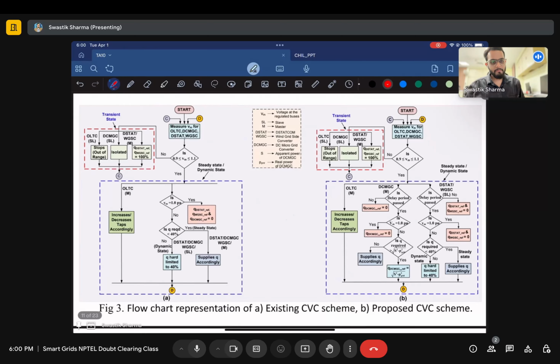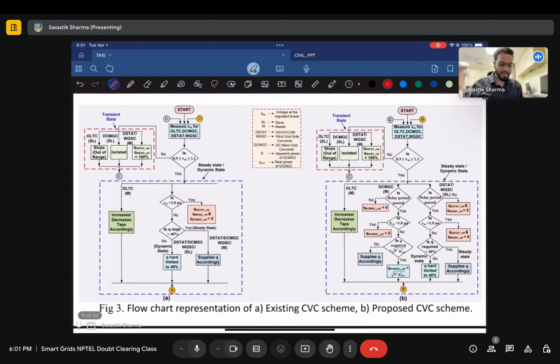So if, let's say, the VM is beyond the stable operating limit or zone, what will happen? Because it's a transient state, we want to make sure that the OLTC, if its steps are exhausted, I mean it has 16 steps and all 16 steps are used, and still the voltage is not between 0.9 and 1.1, it stops, and the DC microgrid, we isolate it.